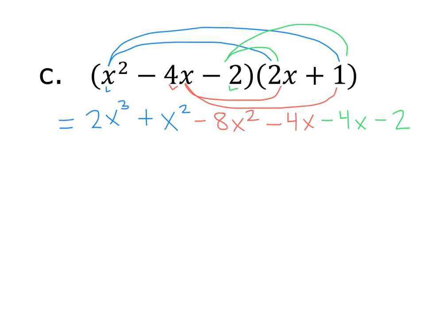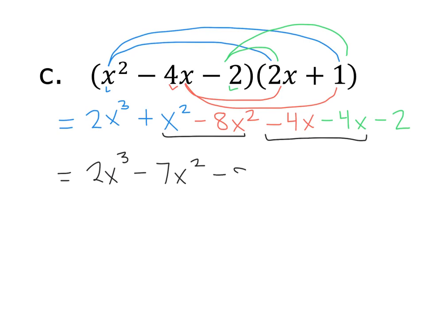We can combine the terms that have the same exponents. So 2x cubed, nothing to combine there, but we can combine x squared and negative 8x squared. That gives us negative 7x squared. And we can combine negative 4x, so negative 4 minus 4, we get negative 8x, and then we get the minus 2.